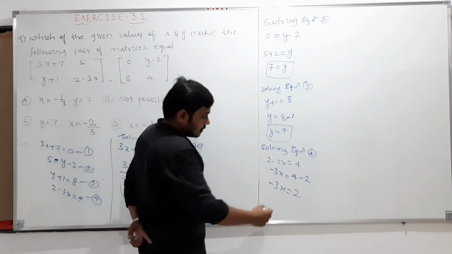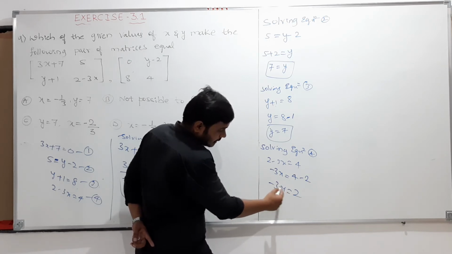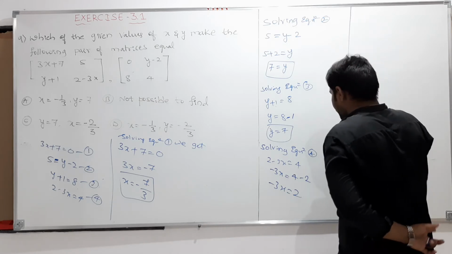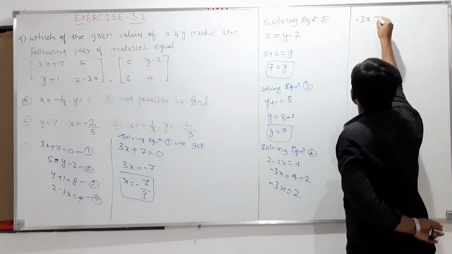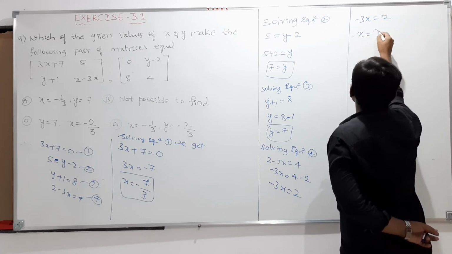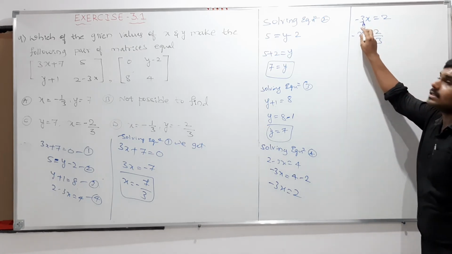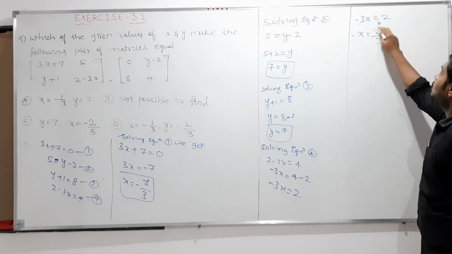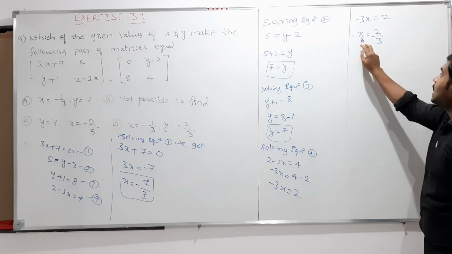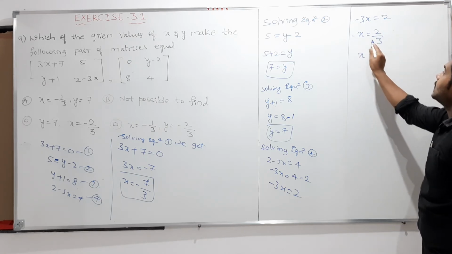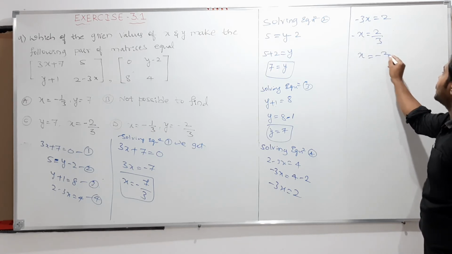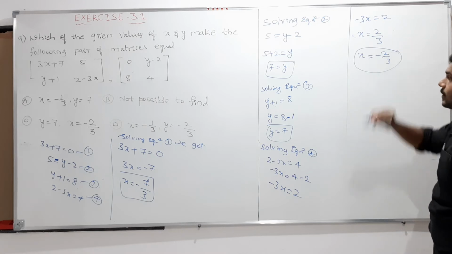Now if I shift that 3 to the other side, it goes to the denominator, and this minus sign, if I multiply both sides with minus sign, minus minus becomes plus, and here it is x is equal to minus 2 by 3.